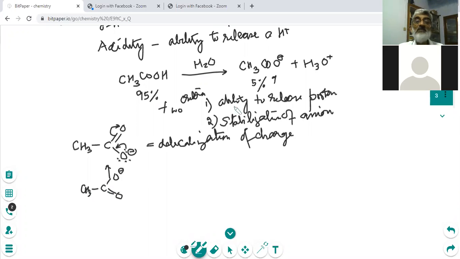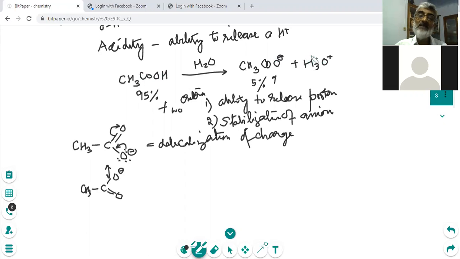So in a very simple way, let me explain to you. Now the ability to reconvert it back, the more it is getting reconverted, the H3O plus will be removed from the system. That means after ionization, there is a tendency for these opposite charges to combine and go back.